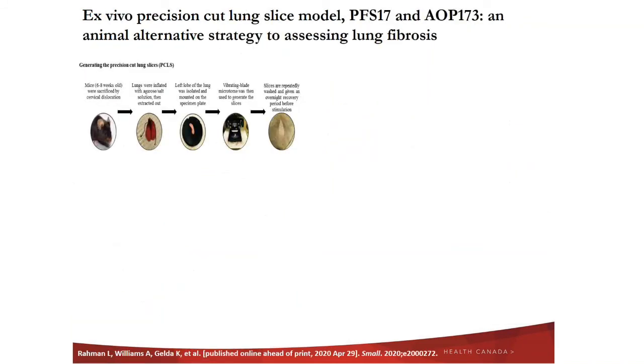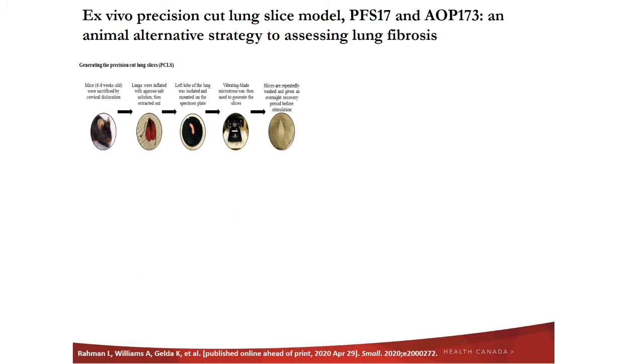So we isolated the lungs from the mouse, and we sliced them at 250 or 500 micrometer thickness and cultured them ex vivo and exposed them ex vivo to different types of nanomaterials.